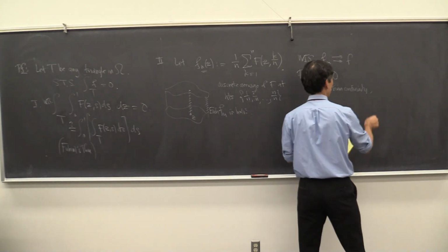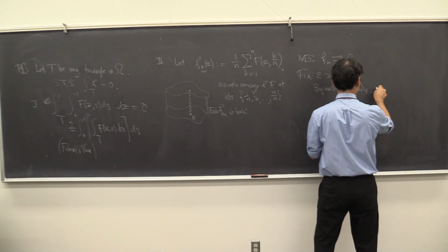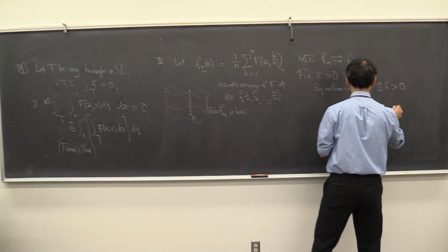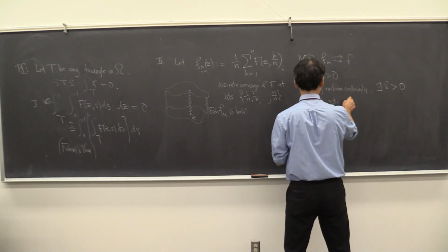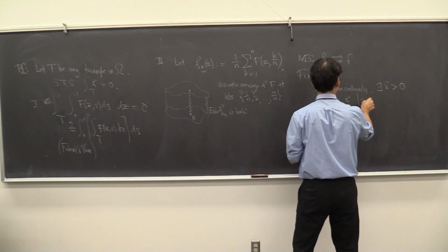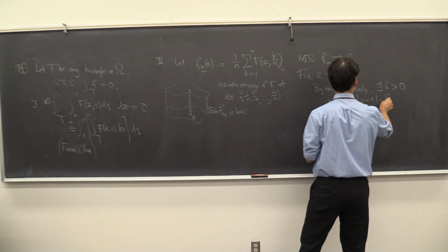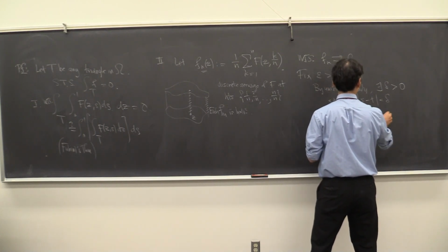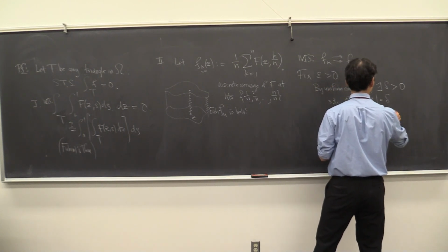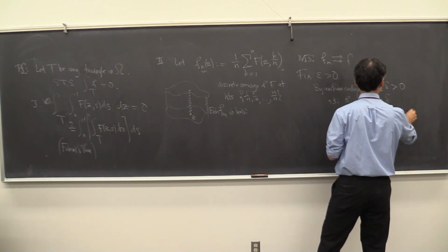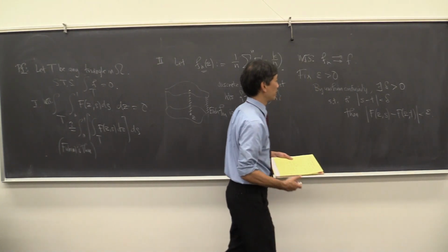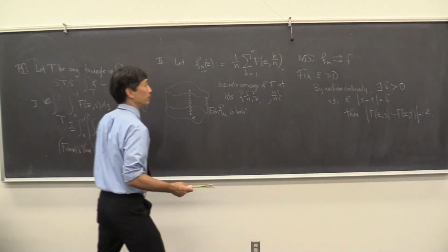By uniform continuity, we know that there exists a delta such that if the distance between s and t is smaller than delta, then the distance between f of z s and f of z t is smaller than epsilon.